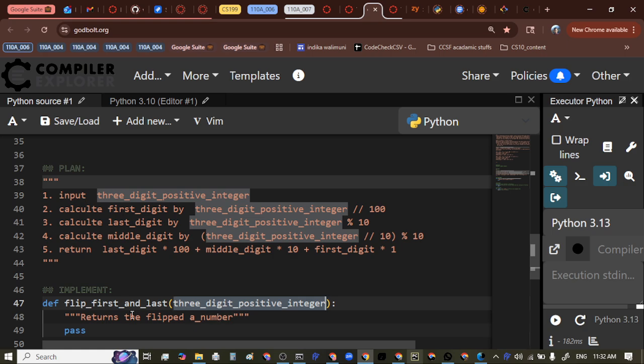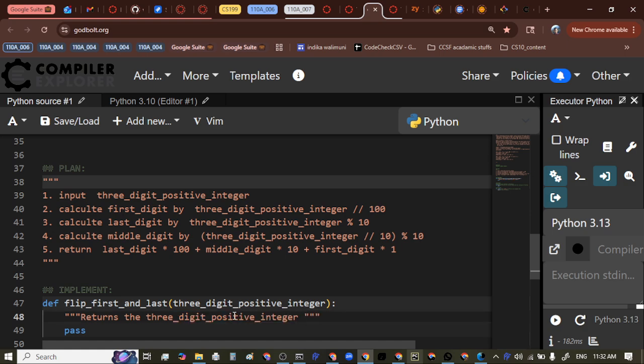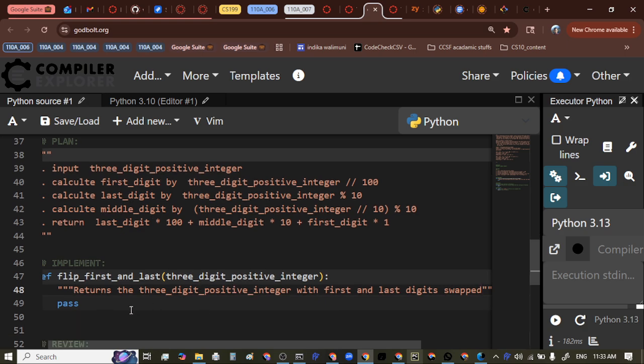And then return not flipped with first and last digits.